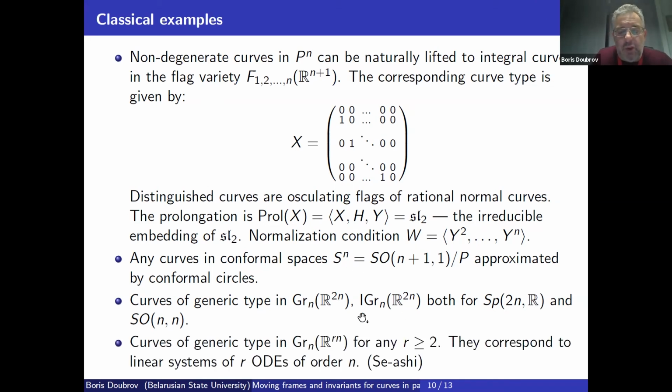And actually, a more general case corresponds to linear systems of ODEs of order n-1. These are n-dimensional subspaces in R of dimension Kn, for any R greater than or equal to 1. This is a generalization of the example I showed here for the case n equal to 1. And this was worked out in works of Se-ashi at the end of the 80s.